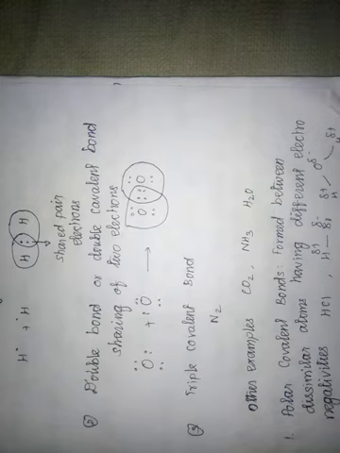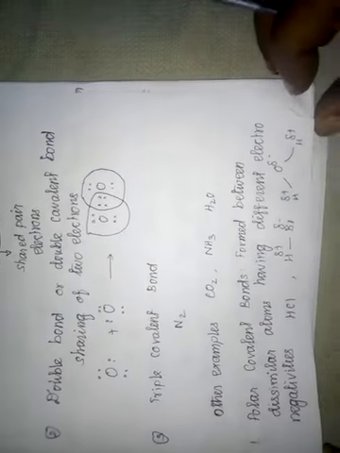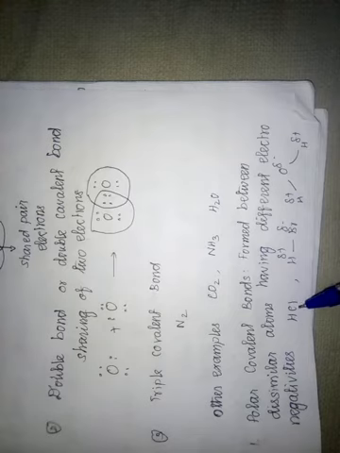There are two types of covalent bonds here: polar covalent bond and non-polar covalent bond. The major difference is that in a polar covalent bond, the bond is formed between dissimilar atoms, like hydrogen and chlorine. Chlorine is more electronegative than hydrogen, so it attracts the electrons from hydrogen.